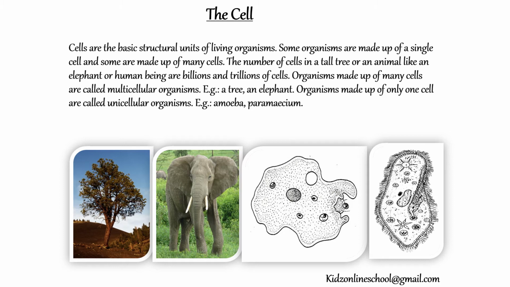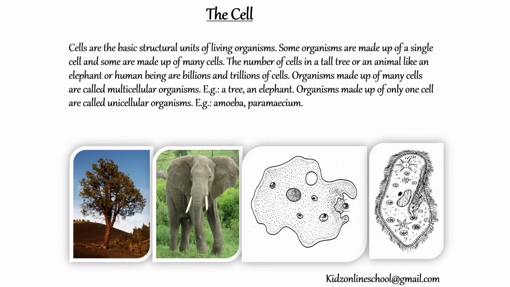The cell. Cells are the basic structural units of living organisms. Some organisms are made up of a single cell and some are made up of many cells. The number of cells in a tall tree or an animal like an elephant or a human being is billions and trillions of cells.